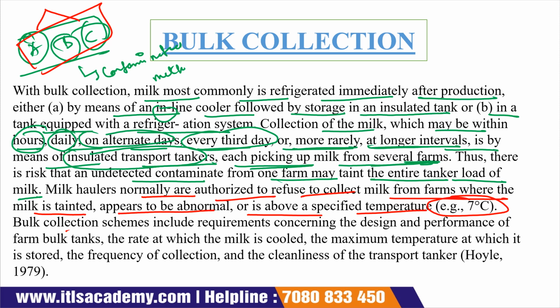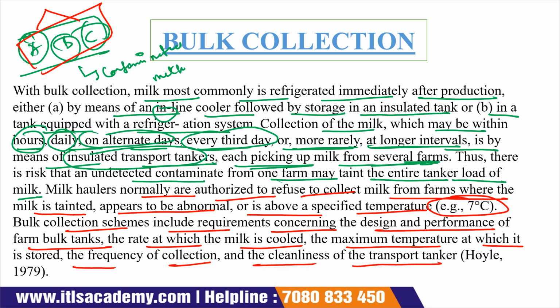Bulk collection schemes include requirements concerning the design and performance of farm bulk tanks, the rate at which the milk is cooled, the maximum temperature at which it is stored, the frequency of collection, and the cleanliness of the transport tanker.